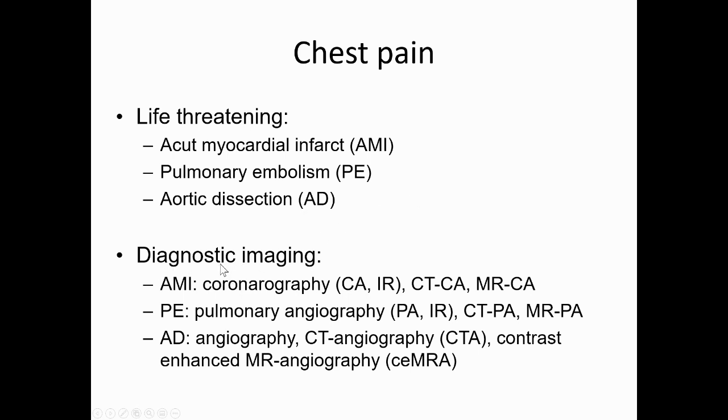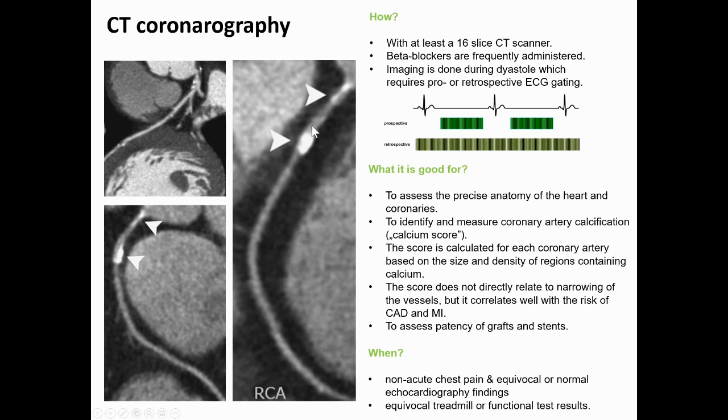And here are some of the tools that we can use for imaging these diseases. But instead of reading through these, let's now dig into the different diagnostic modalities. So we have CT coronarography, which is done with at least a 16-slice CT scanner, and beta blockers are frequently administered because we don't want the patient's heart to be beating too fast.